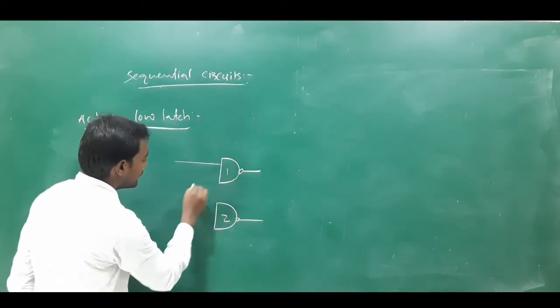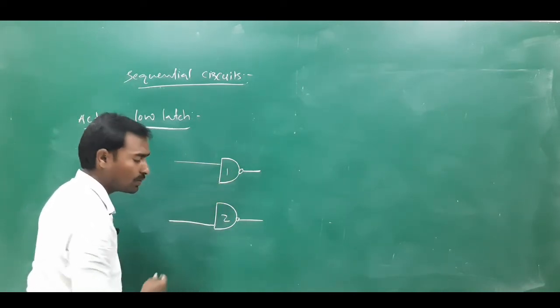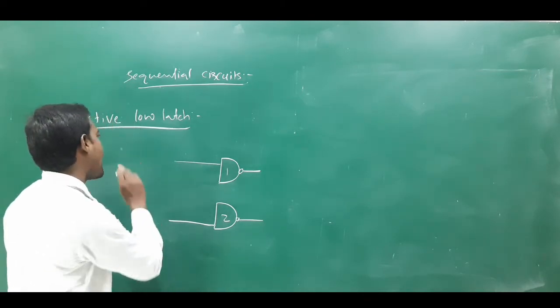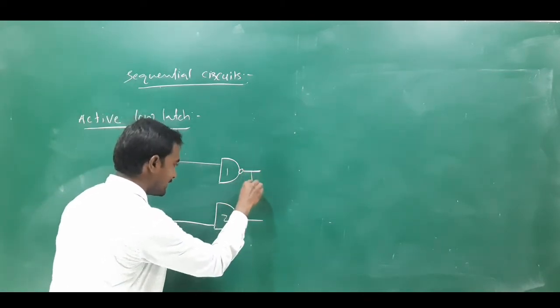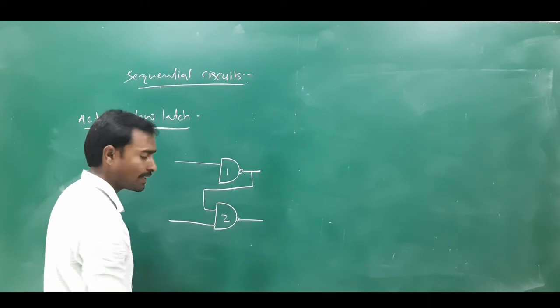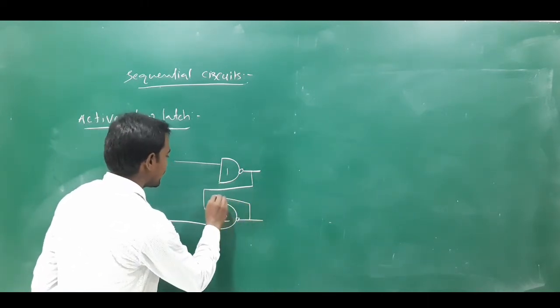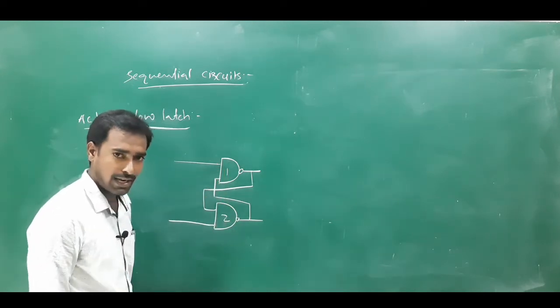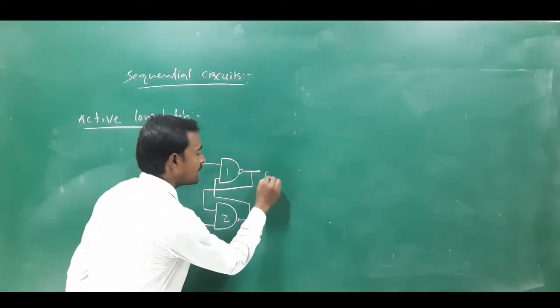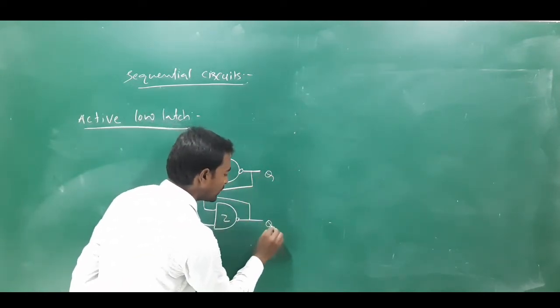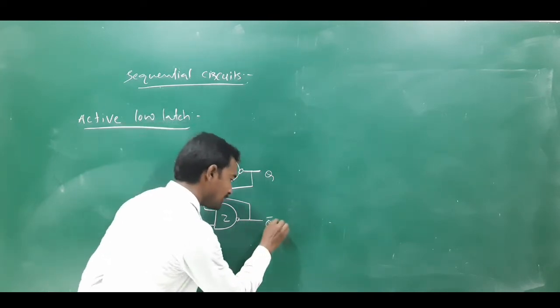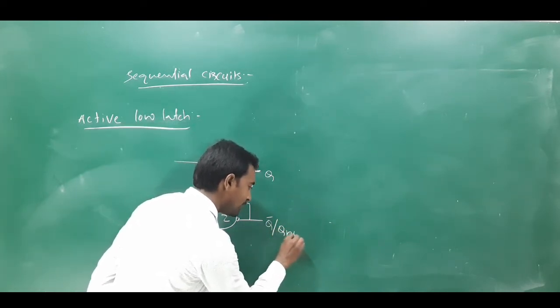The cross-coupled connection of the two NAND gates is called the active low latch. This output is connected to the second NAND gate, and this output is connected to the first NAND gate input, and here we are getting the Q output and Q bar output, or this will be treated as Qn plus 1.